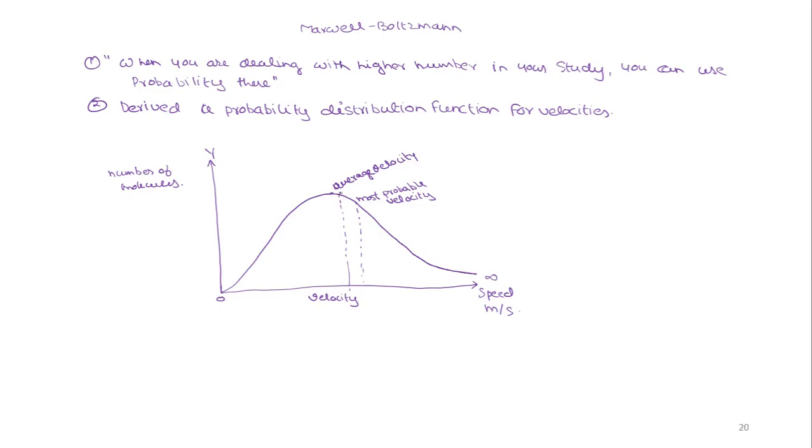It clearly means that most of the particles present in your protein ligand system will have velocities near or around the most probable velocity, somewhere lying around over here. I hope now you get where I am leading you in this discussion.